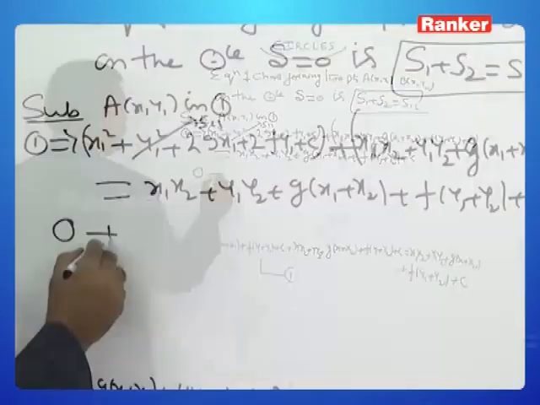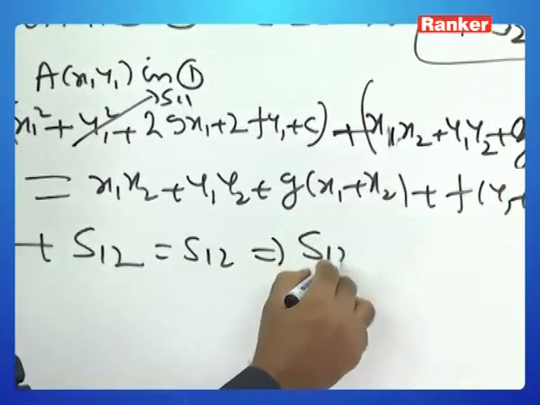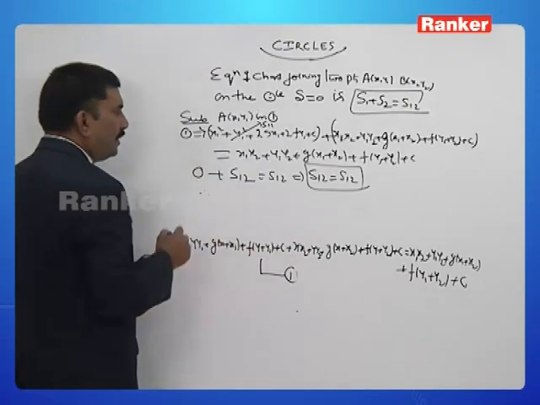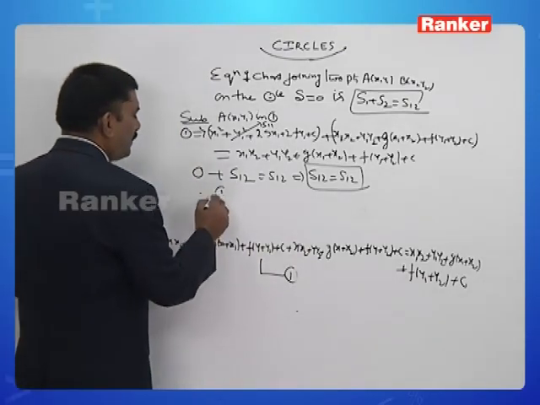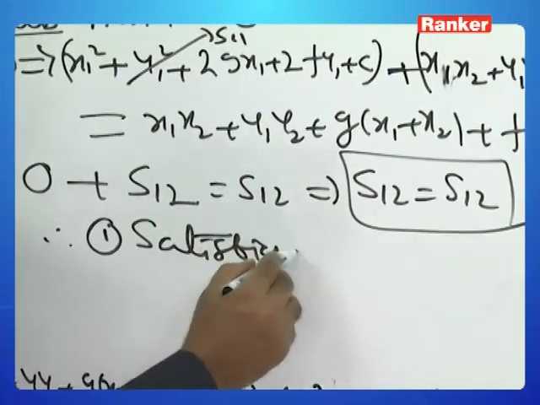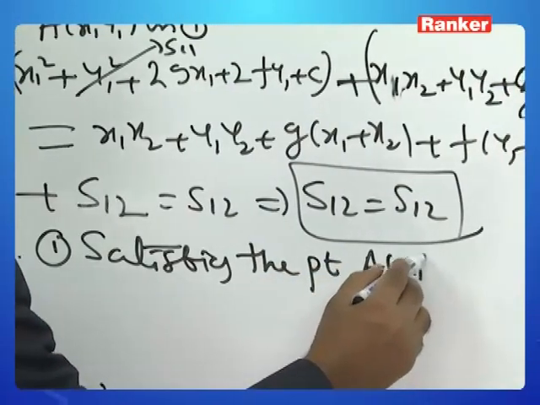So 0 plus S12 is equal to S12, which implies S12 is equal to S12. Therefore equation 1 satisfies the point A of x1 comma y1.